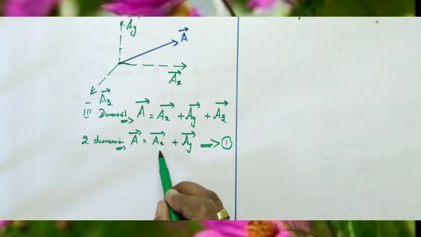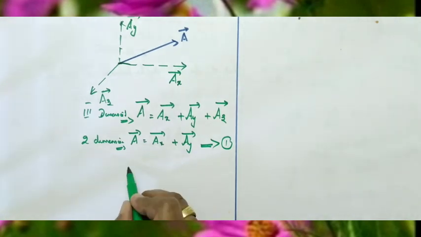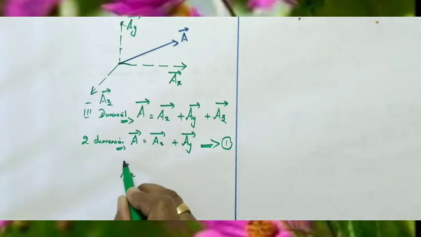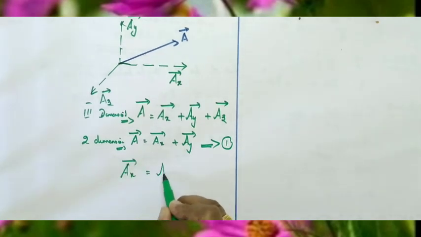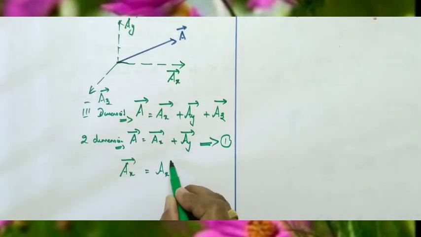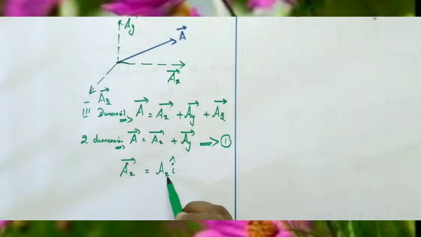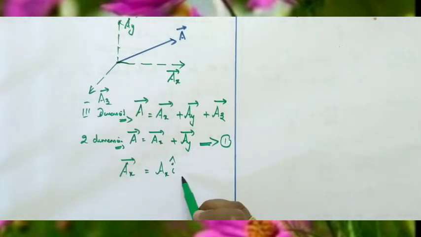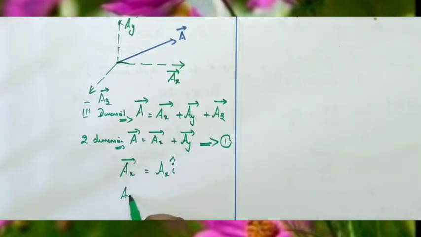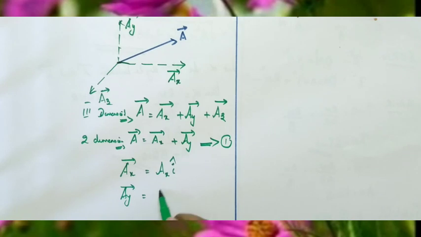Similarly, vector Ax means it is a vector along the x direction. Its magnitude is Ax and it is along the x direction, therefore it can be written as Ax into i cap. Vector Ay can be written as its magnitude Ay into j cap.